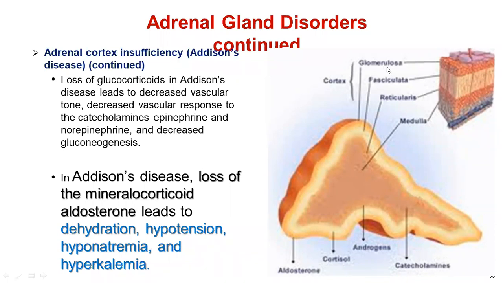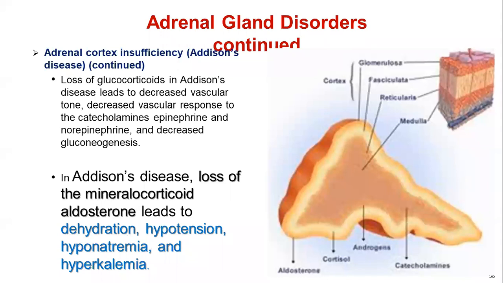These three layers together are called the cortex. They secrete basically aldosterone, cortisol, and sex hormone. In Addison disease, loss of mineralocorticoid or aldosterone leads to signs and symptoms.